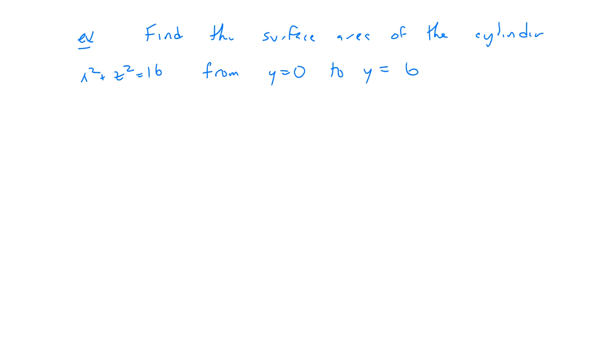So here we have a cylinder. I want to find what's the surface area. The reason we don't really need it is I can unroll the cylinder, which makes it into a rectangle, and I can easily get the area. But let's do it the hard way.